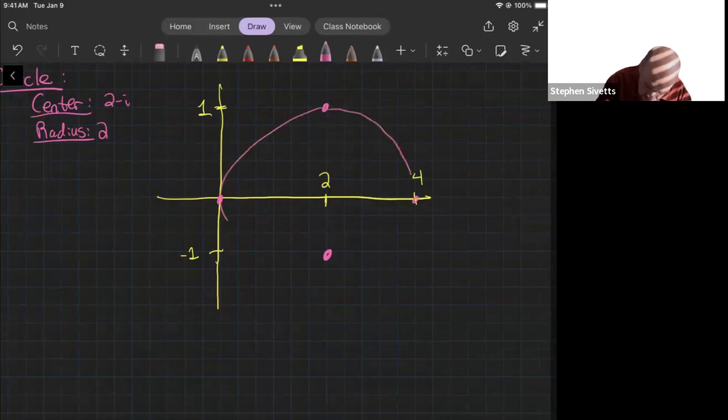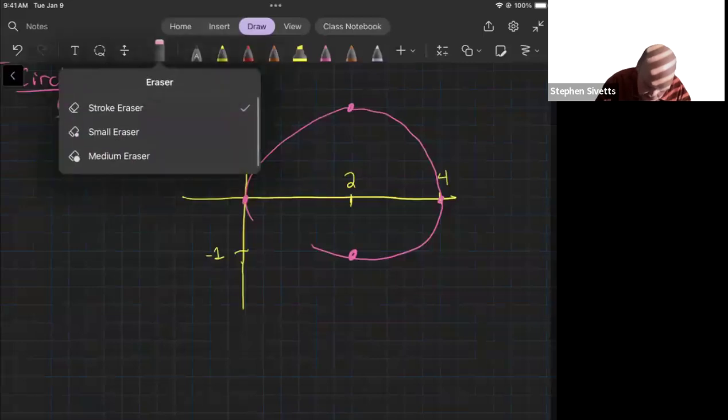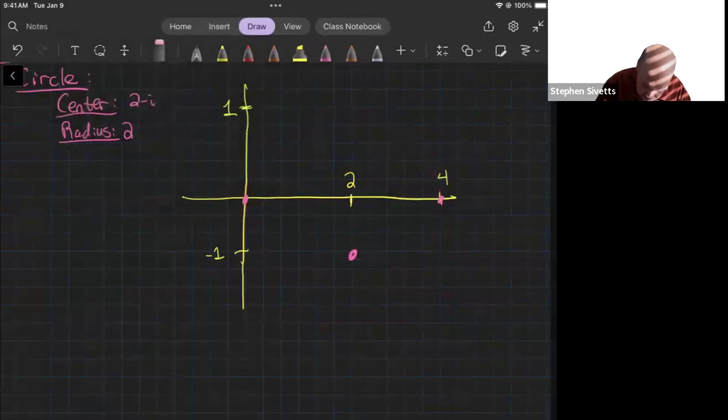Hold on, let me backtrack. That's my center, and so I should be going down.